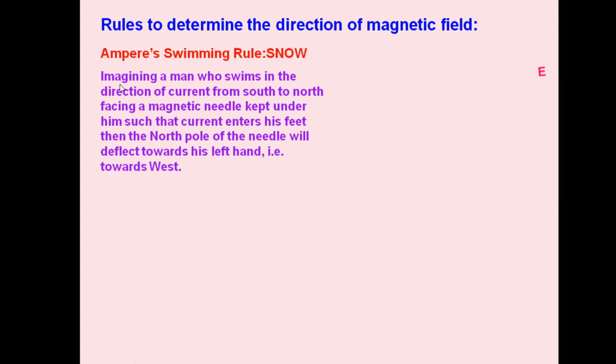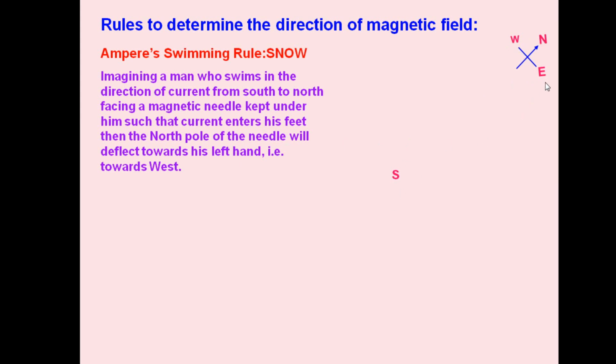It states that if we imagine a man who swims in the direction of current from south to north, facing the magnetic needle kept under him, such that current enters his feet, then the north pole of the needle will deflect towards his left hand, that means towards west. This is the concept of east, west, north, south.